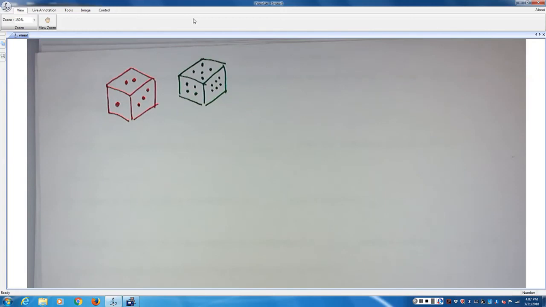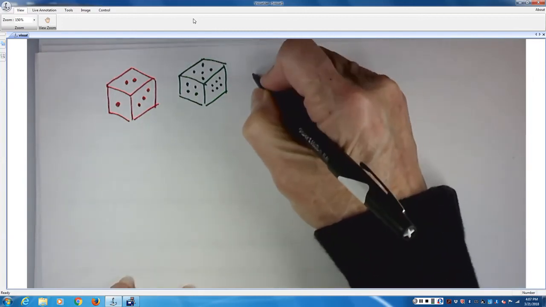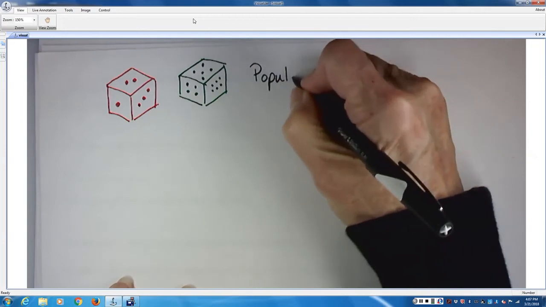Basically, those two dice represent a population of values where if I roll any of those dice one at a time, the members of the population are one of these numbers.